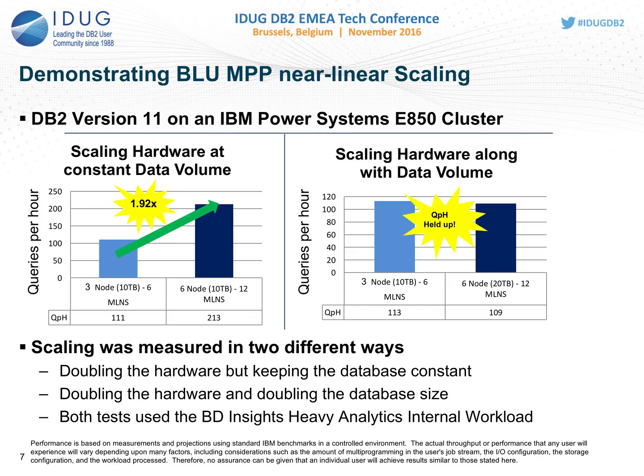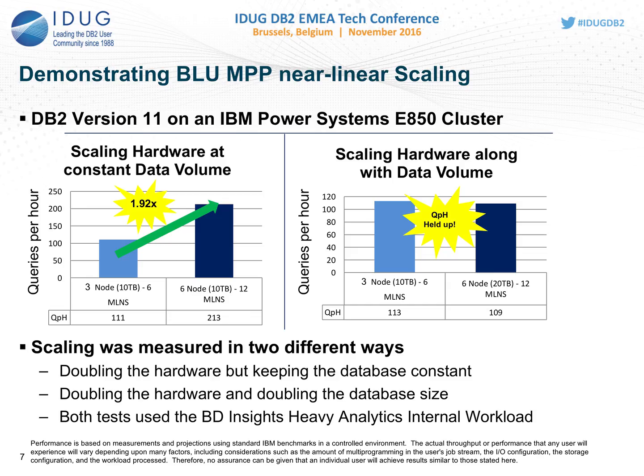The other way to look at scalability is here on the right-hand side, and that's really if you are asking what happens if my data volume grows. If I have more data, can I keep performance constant by adding more hardware resources? So what we did in this test, it's almost the same test as on the left, but when we doubled the DPF system from 3 nodes to 6 nodes, we also doubled the data volume from 10 terabytes to 20 terabytes.